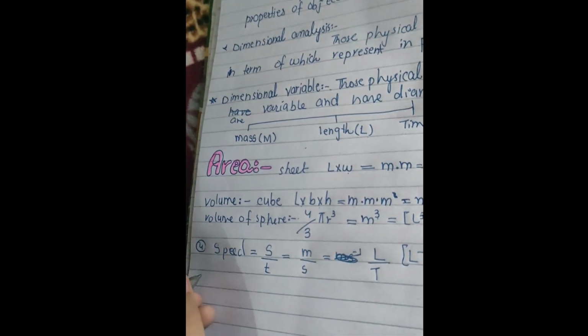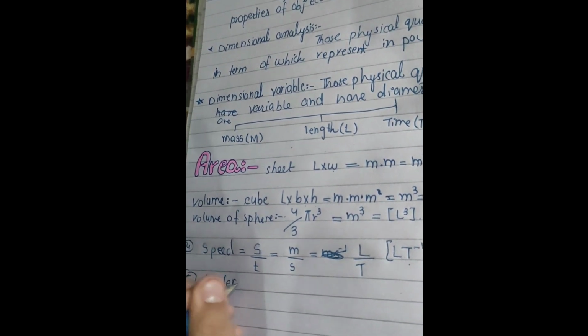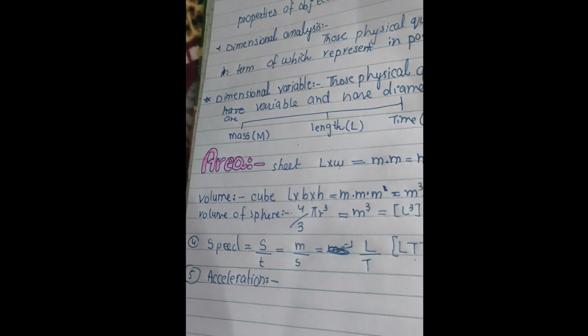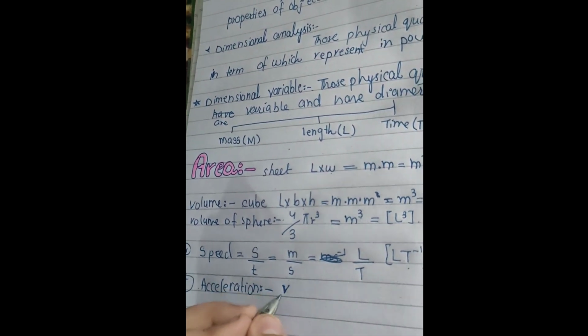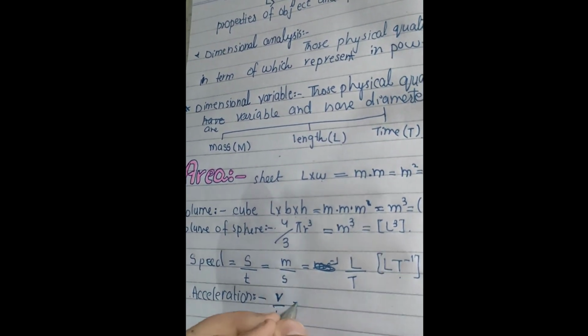Now we have the fifth one, that is acceleration. For acceleration we have the formula: rate of change of velocity, change in velocity upon time taken.